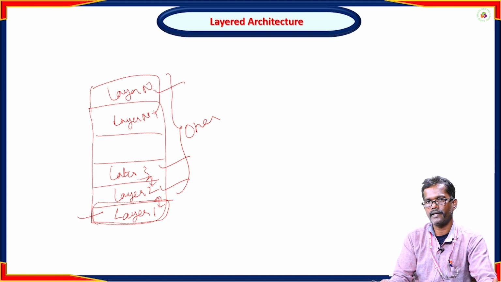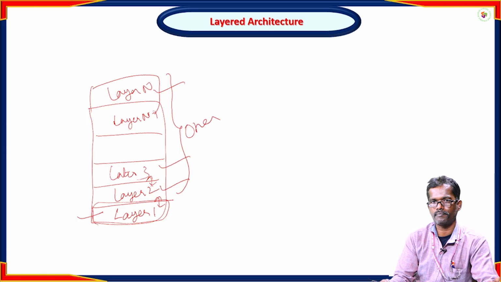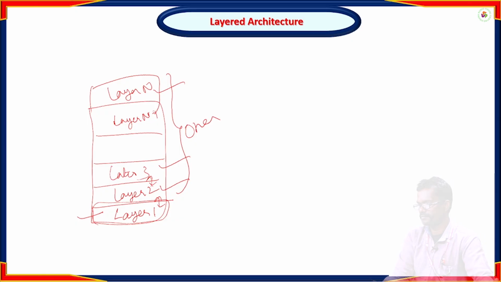If you want to modify any rules and regulations in a particular layer, we can go to that layer's protocol and modify it. This is the main motto of layering: it is created for different levels of abstraction. This is the layering architecture.